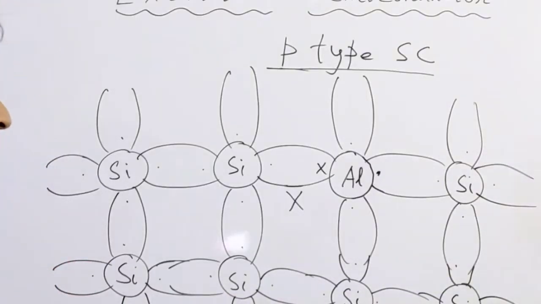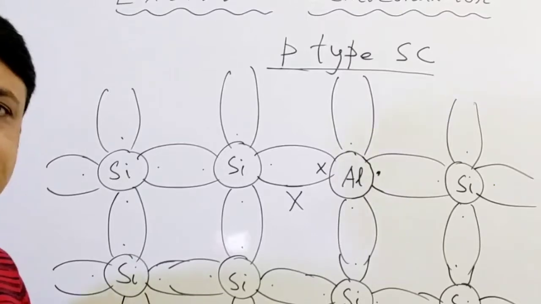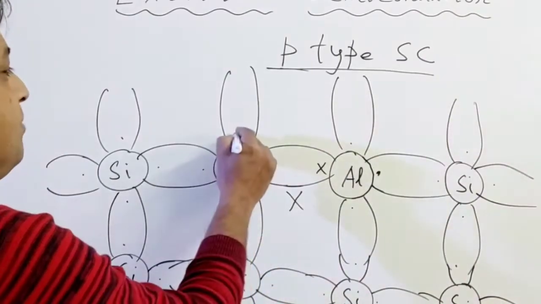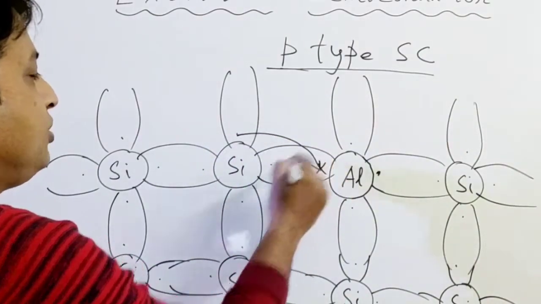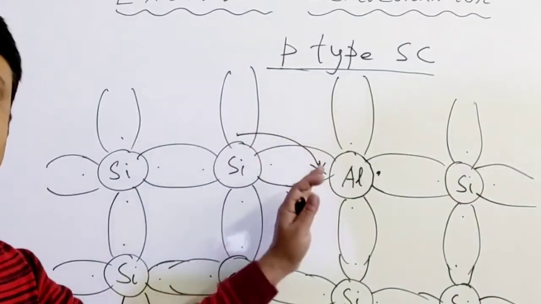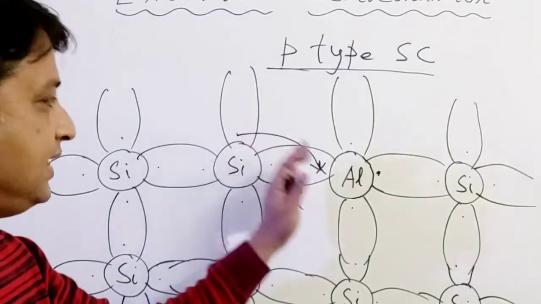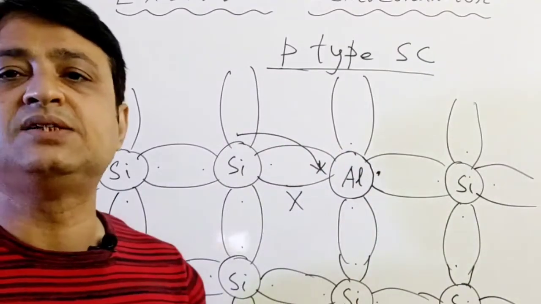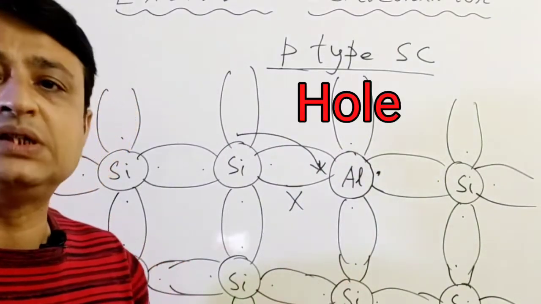As an absence of an electron means a lesser energy level, any electron from any adjacent bond can move into this deficit energy state or this type of bond, and as a result this is known as a hole, a positive charge.